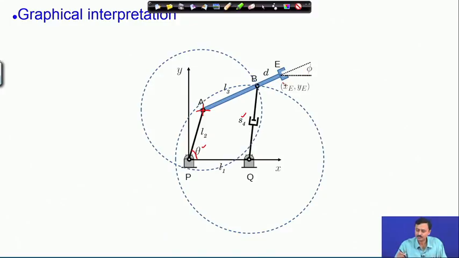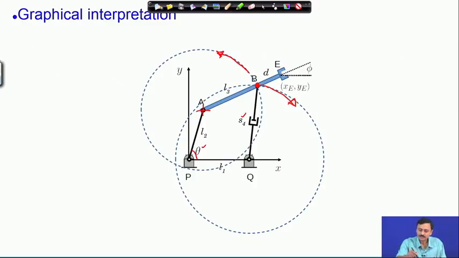What is not fixed is phi, because this hinge B on the end effector link can rotate on this circle, while the hinge B on the actuator arm on this other leg can rotate on this circle. So, the way to assemble the mechanism is where these two circles intersect. For example, this is one intersection point. So, you have one configuration that is already shown.